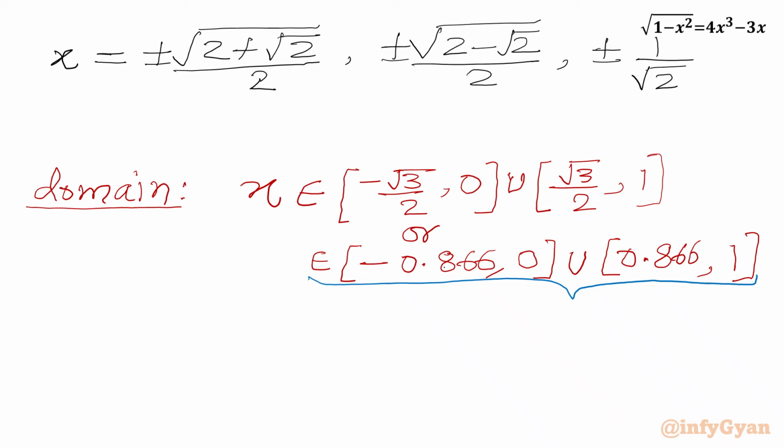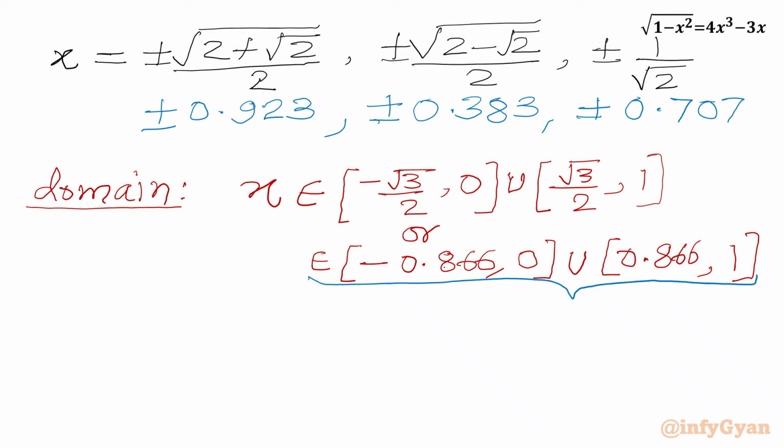So plus minus square root 2 plus root 2 over 2, somewhere 0.923, with plus sign I will write plus 0.923. With minus sign, I need to put over here minus. Second value I will be writing plus minus 0.383.